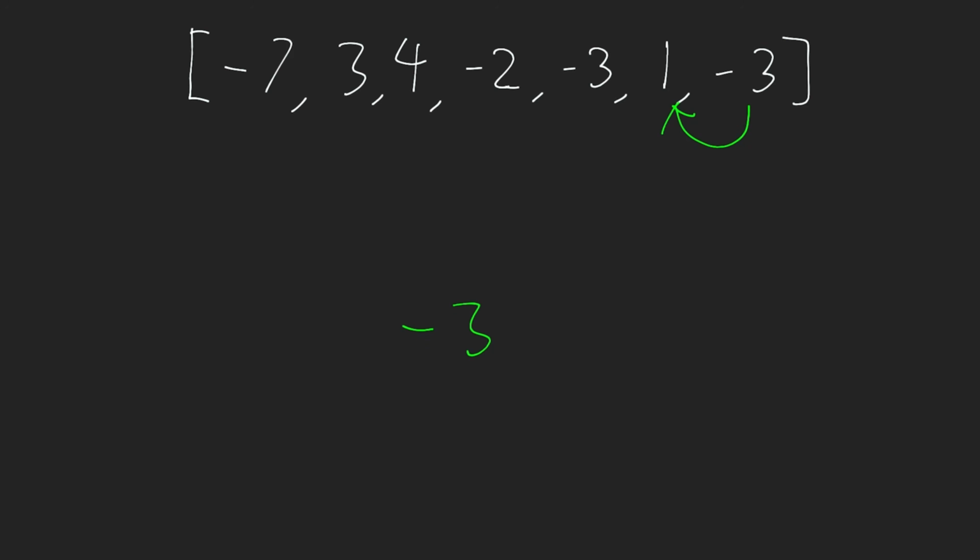Then we can move to the next element and look at these two together, and say, okay, -3 and -1 added together, is that a minimum subarray? Well, that gives us -2, so no, that's not a minimum. Then we could go from -3 to 1 and to -3, and add all these together and we get -5.